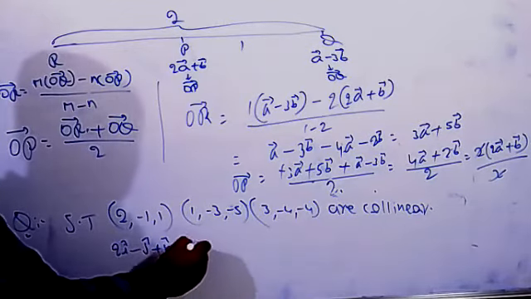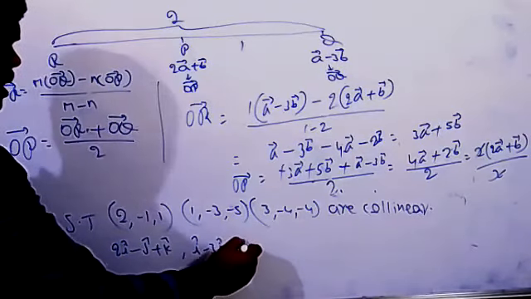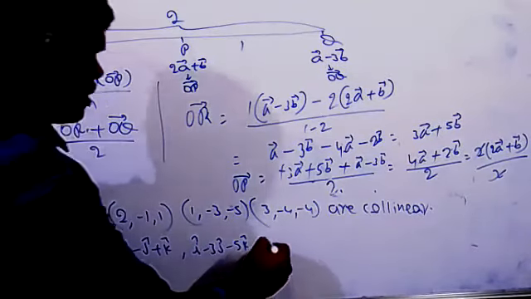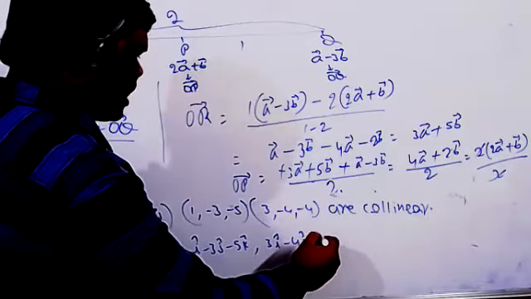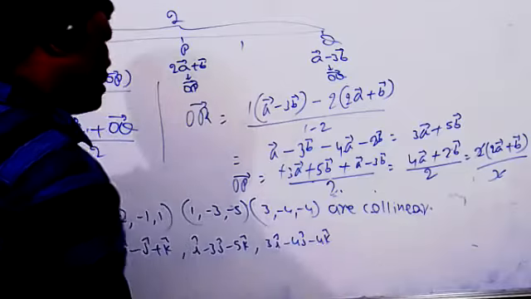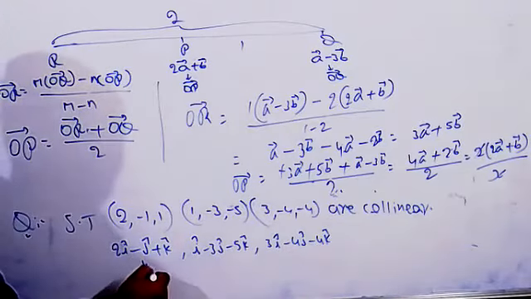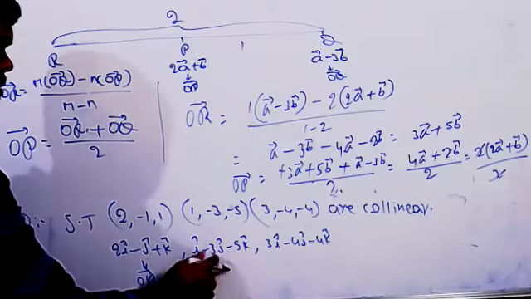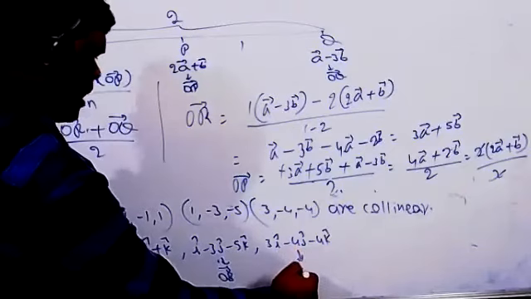The second one is i minus 3j minus 5k. Here now 3i minus 4j minus 4k. You can take these as OA, OB, and OC.